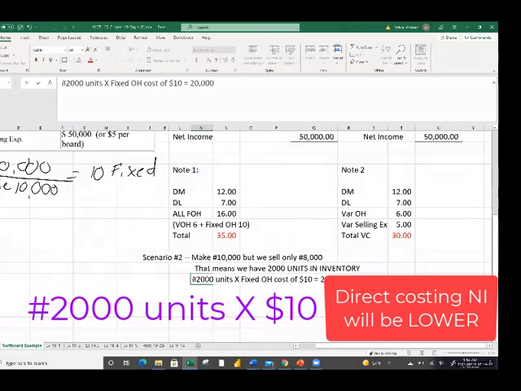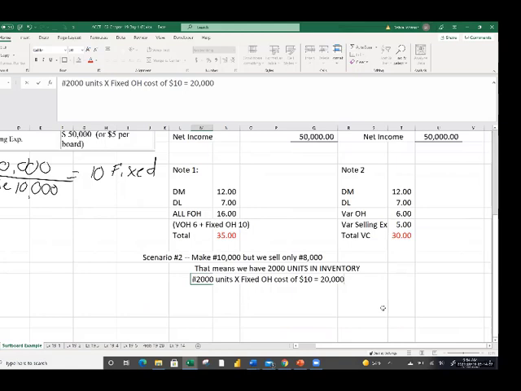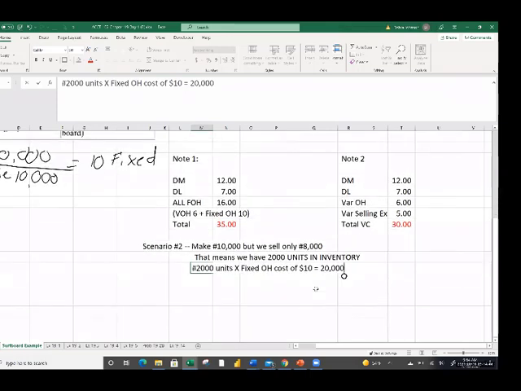And I'm going to tell you right now, my direct costing is going to be lower. So as soon as I do a traditional costing income statement with those set of facts, I can tell you what net income is going to be on direct costing. It's going to be $20,000 lower. So we'll prove it to ourselves.